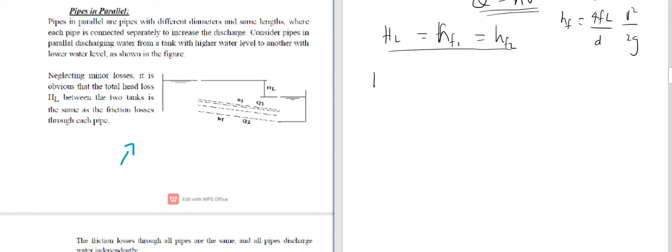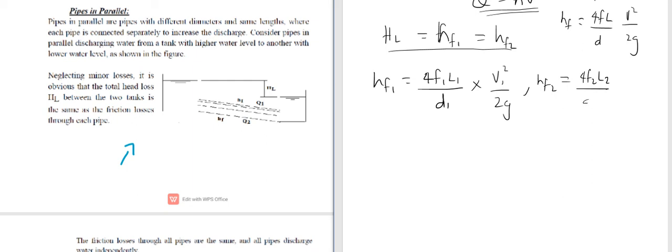So HF1 will be equal to 4F1L1 over D1 times V1 square over 2G, and HF2 will be equal to 4F2L2 over D2 times V2 square over 2G.